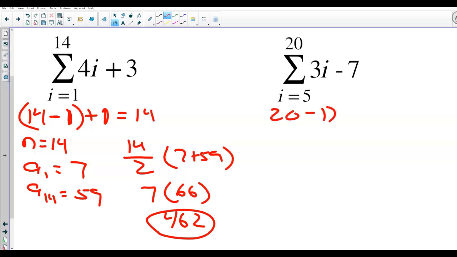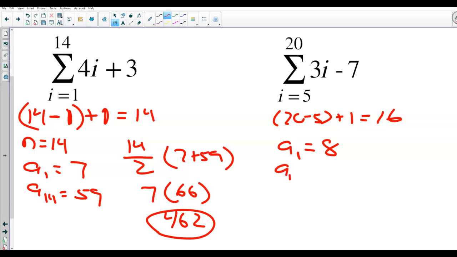20 minus 5 plus 1. That means my n is going to be 16. I'm starting with my 5 though. So my first term, 3 times 5 is 15. 15 minus 7 is 8.